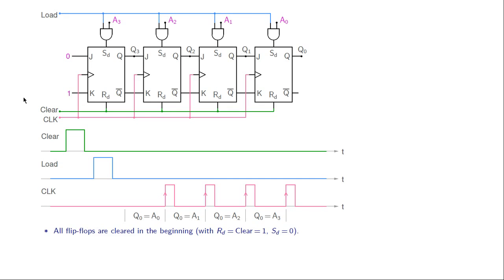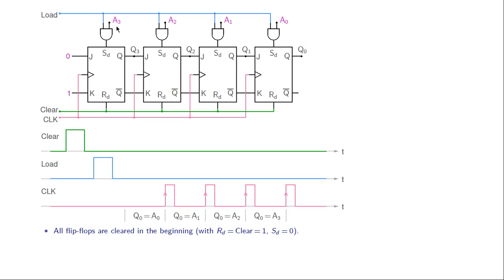Alright, now let us look at the connections. The clock is common to all of them, and the clear input is also common. That is going to the direct reset input of each flip-flop. Now to SD, we are connecting this variable called load and it with some other variable here.